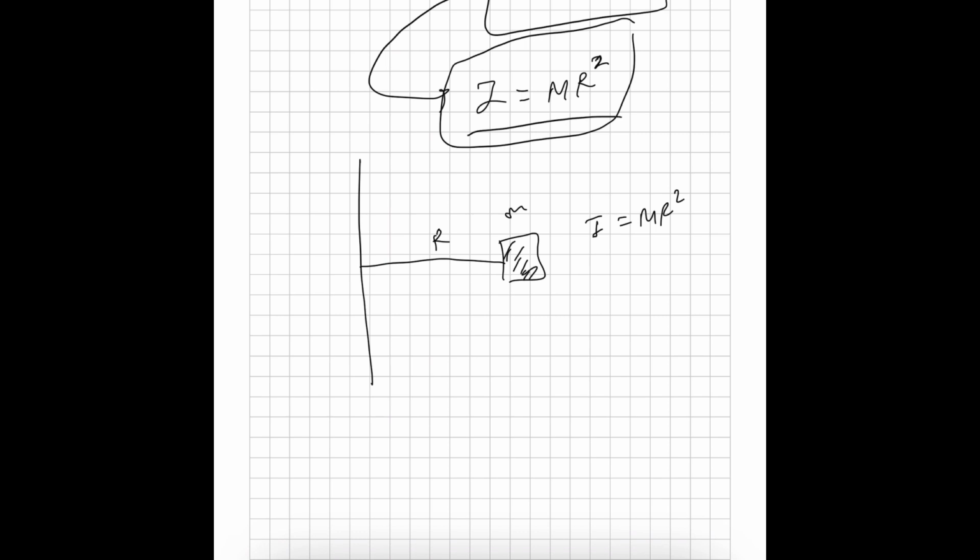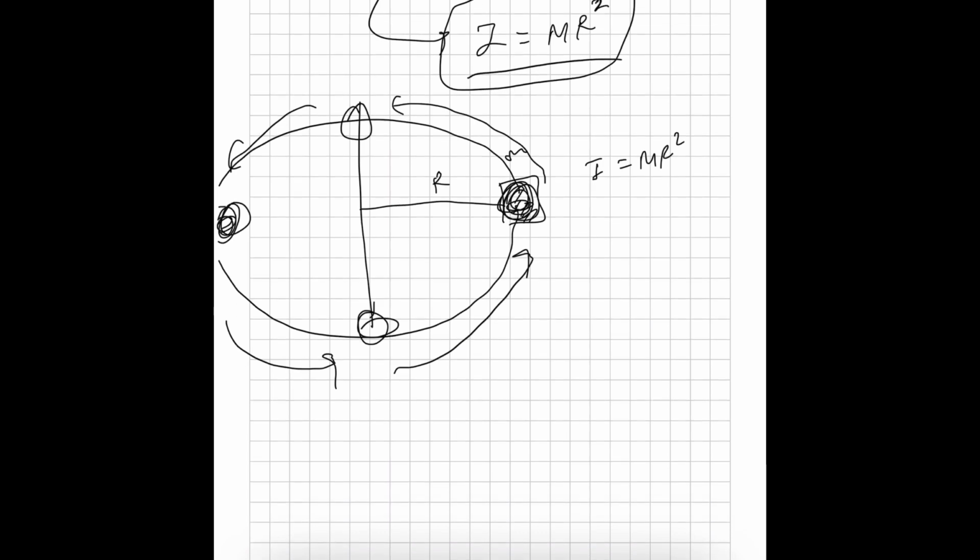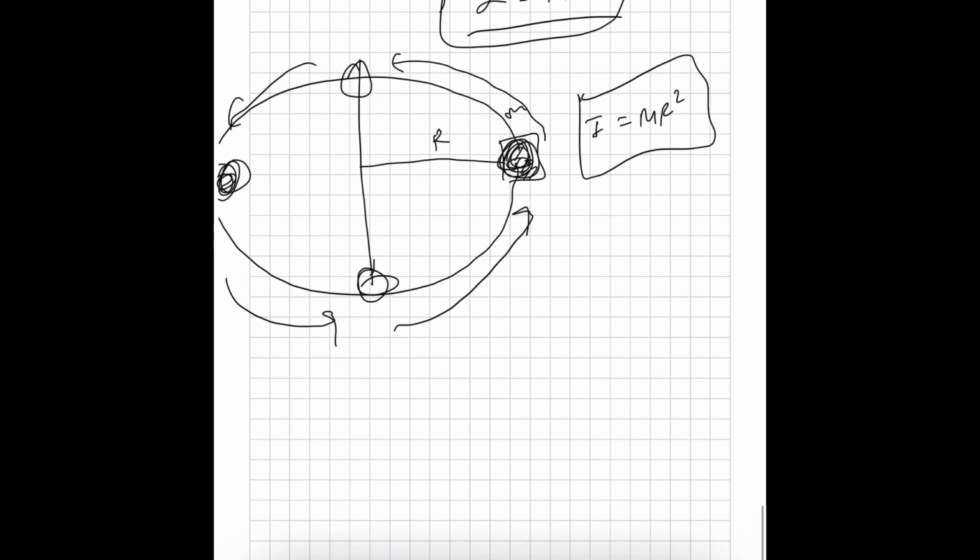I mold this mass in such a way that my mass density is highest over here, zero over here, and it decreases over here, increases over here, decreases over here, then again increases over here. So nothing really changes. I is equal to m r square. That's why we are getting this I equals m r square expression.